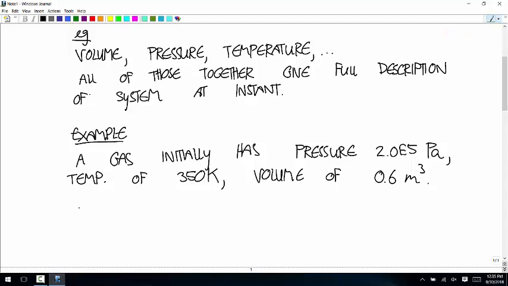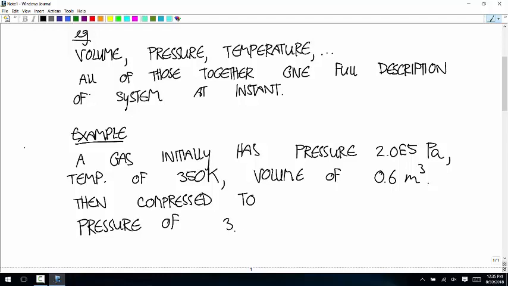Then it's compressed to a pressure of 3.0 times 10 to the fifth pascals.